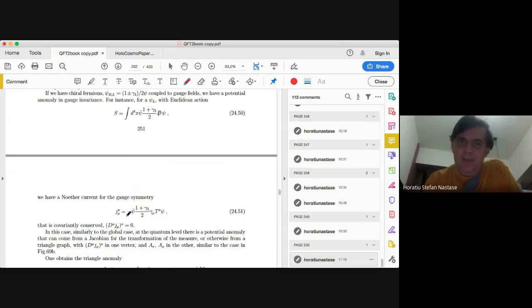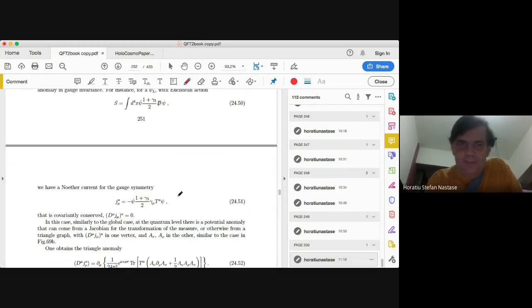It's the variation with respect to del mu psi, which means I remove this term, so I just have psi bar 1 plus gamma 5 over 2, and then I still have the gamma mu from this slash in here. And then I replace the d mu psi with Ta, the generator of the symmetry, times psi.